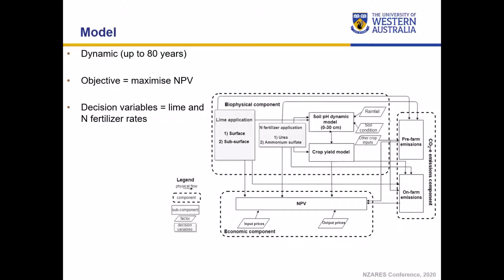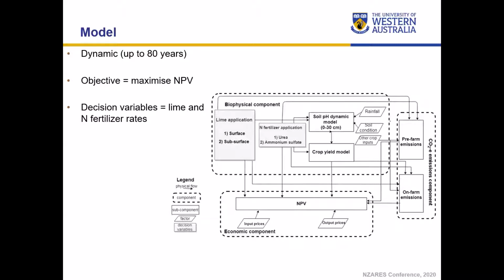To achieve our study aims, we designed a dynamic optimization model consisting of 3 different components: biophysical, economic, and carbon greenhouse gas emission components. The biophysical component looks at the effects of lime and nitrogen application and their interaction on soil pH dynamics, and subsequently on crop yield.